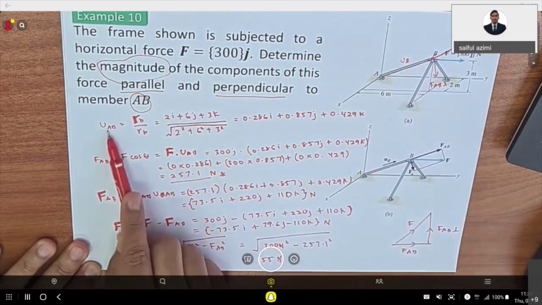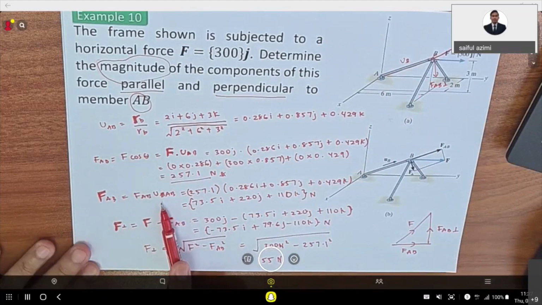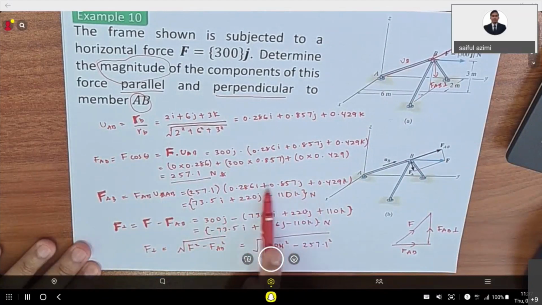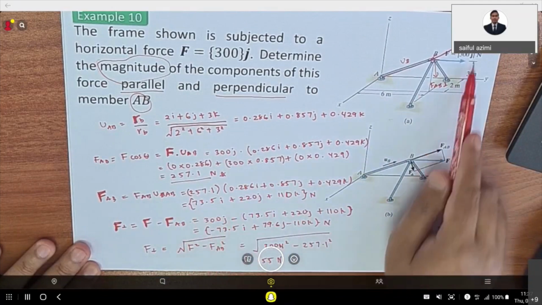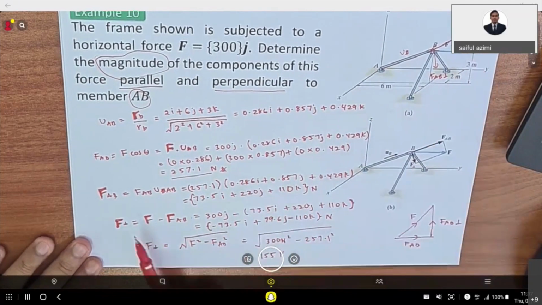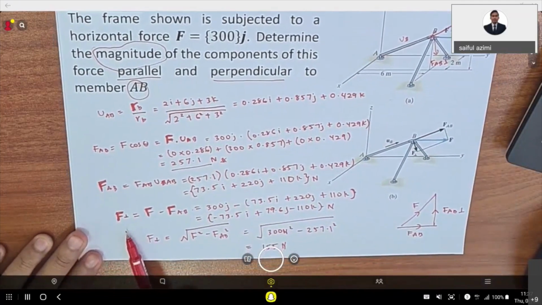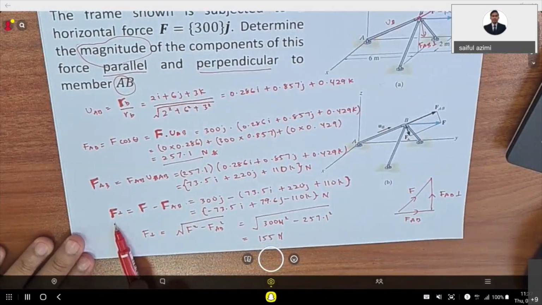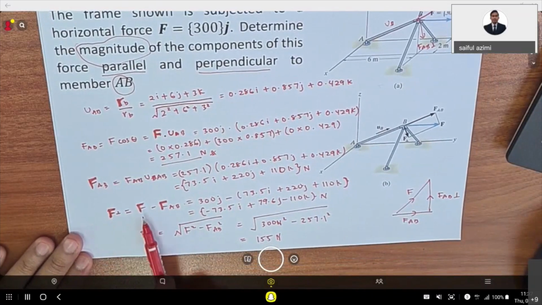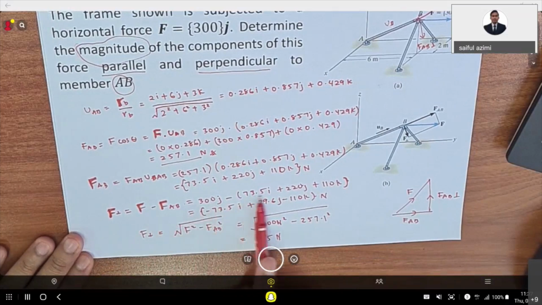You must multiply again by the unit vector, and this is your vector of FAB. And then they ask you to find the perpendicular one. You already got your F and you already got your FAB, so you can just subtract them. So this is actually the vector of F perpendicular, right?